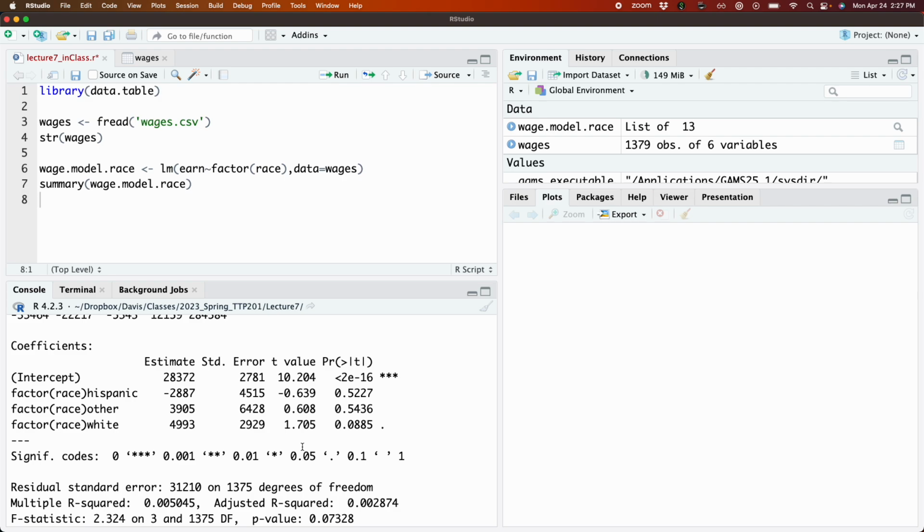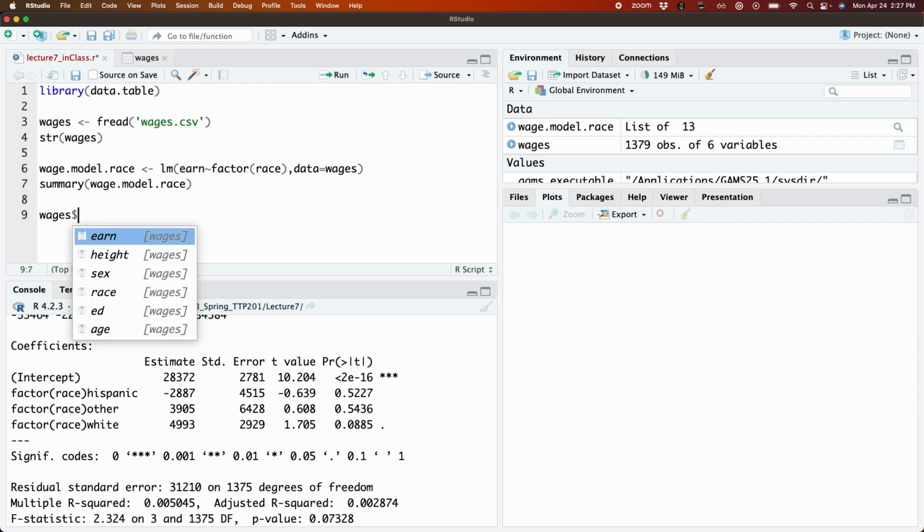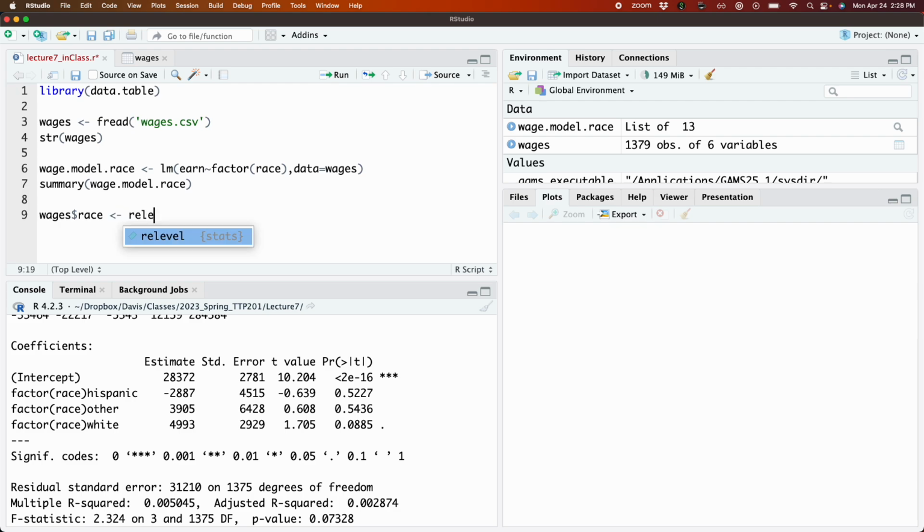Before I go into the next set of interpretations, the reason why it was chosen as the base level is just alphabetical, okay? B, H, O, W. I can choose to have a different race be my base level if I wanted to, and the way that I would do that would be something like this. I would use a function called relevel, because these are factors.